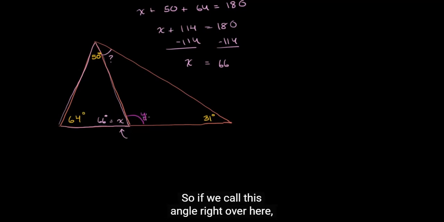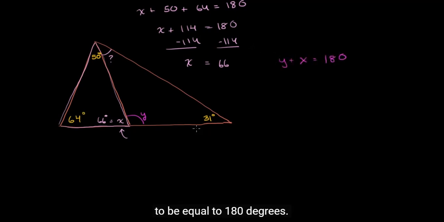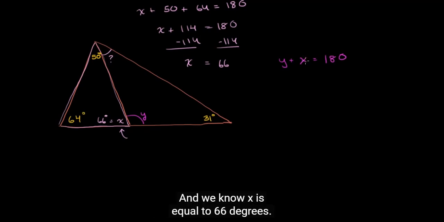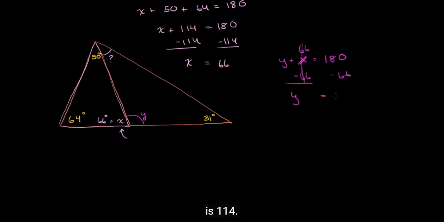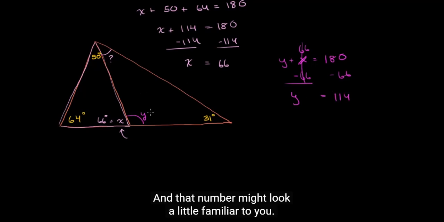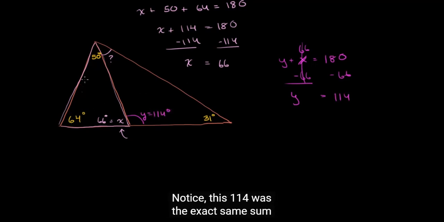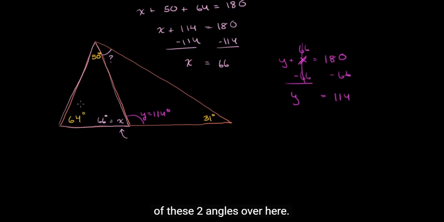So if we call this angle right over here y, we know that y plus x is going to be equal to 180 degrees. And we know x is equal to 66 degrees. So this is 66. And so we can subtract 66 from both sides. And we get y is equal to, these cancel out, 180 minus 66 is 114. And that number might look a little familiar to you. Notice this 114 was the exact same sum of these two angles over here.